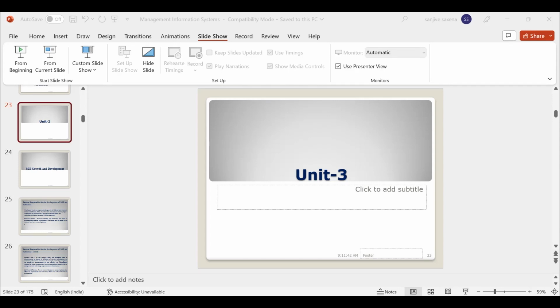Development means the technological challenges which are facing the organization, the technological changes which give a competitive edge to the organization. All these things are taken care of during the process of growth and development.